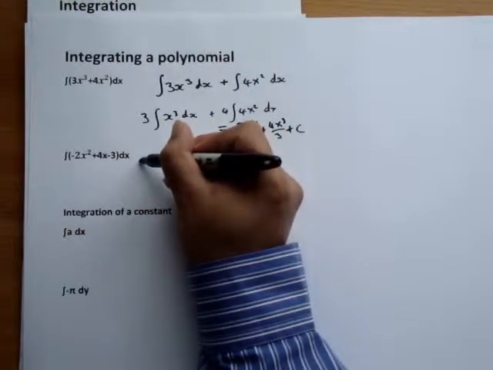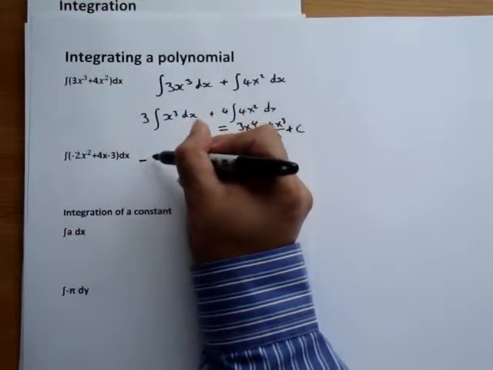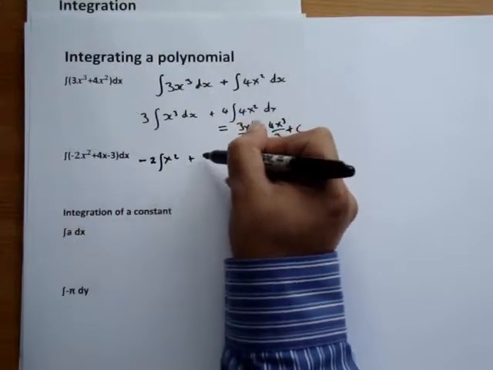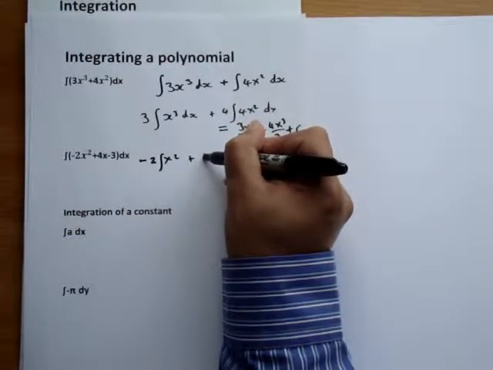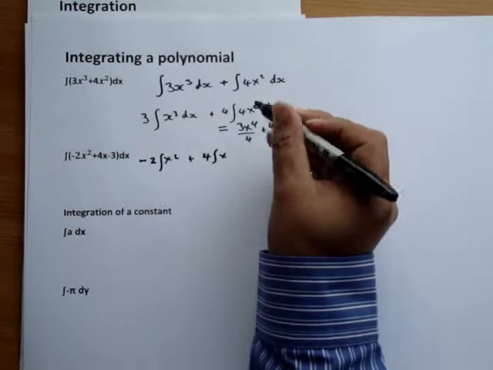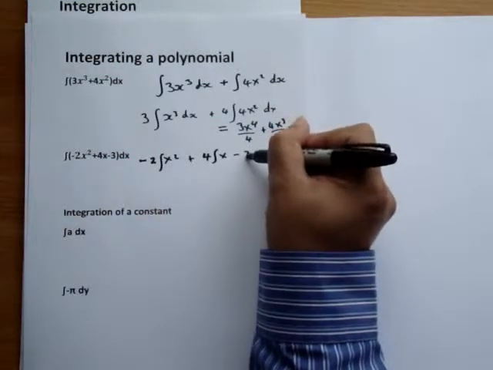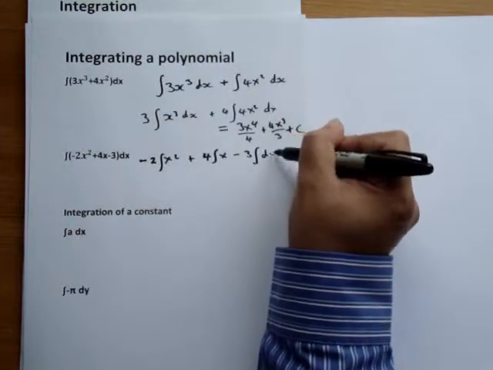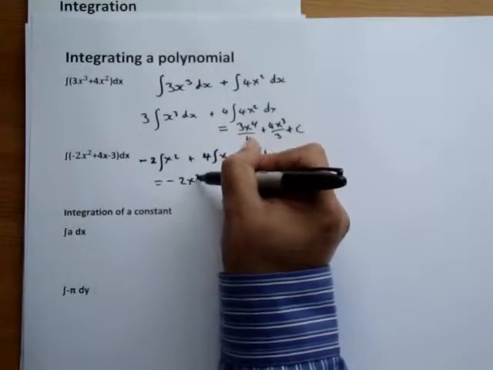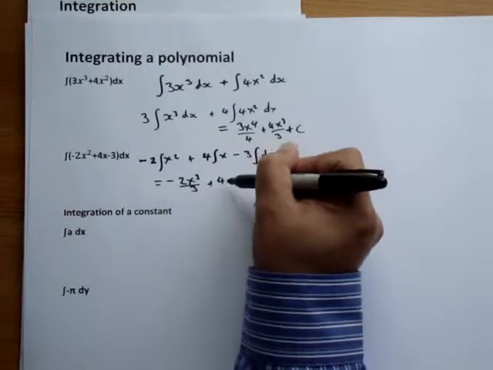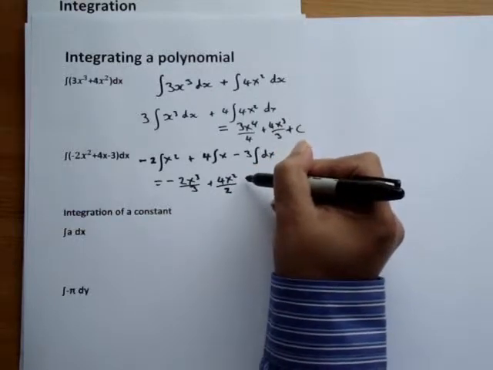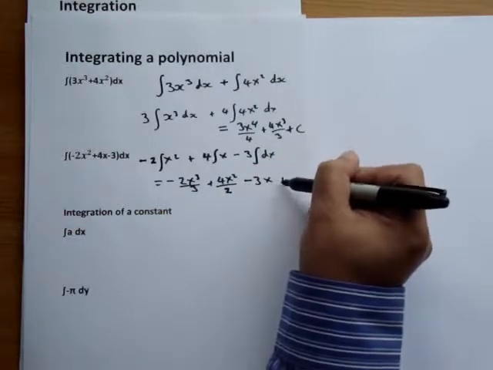This would equal minus 2 times the integral of x squared plus 4 times the integral of x minus 3 times the integral of dx, and this would equal minus 2x cubed over 3 plus 4x squared over 2 minus 3x, plus c.